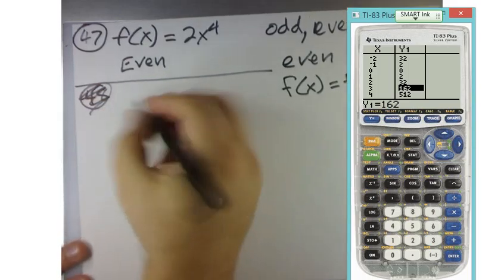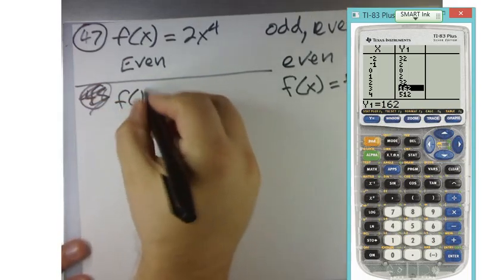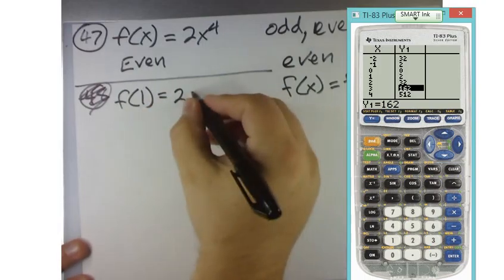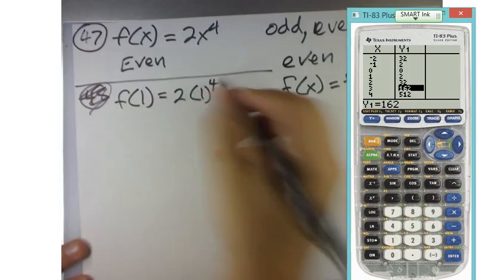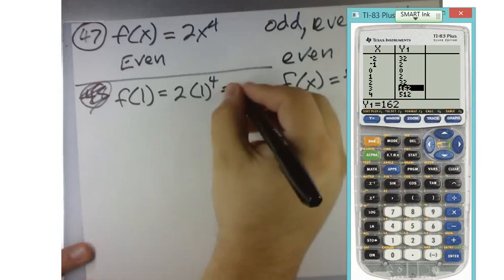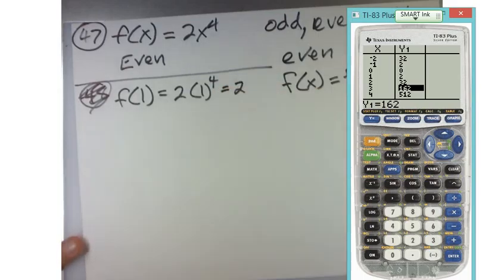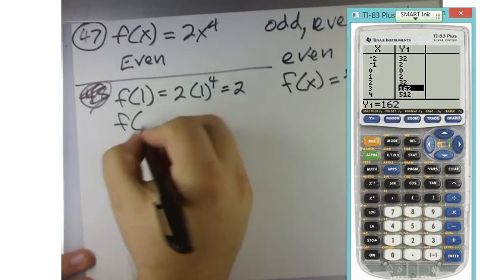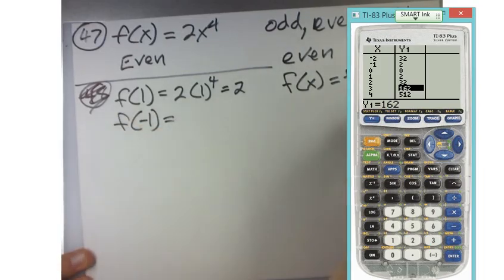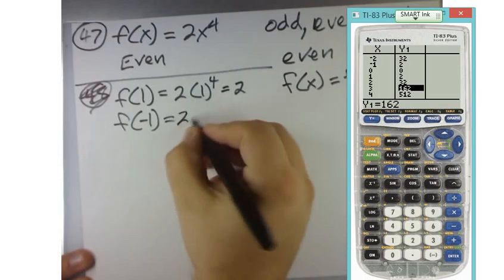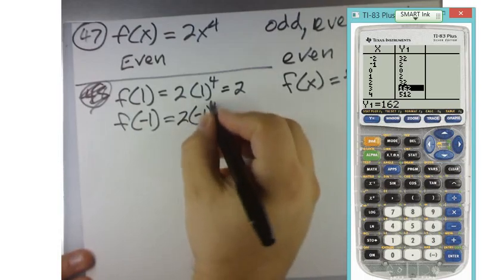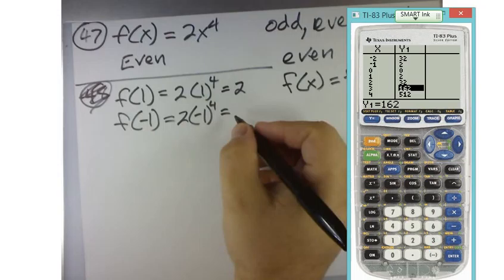Let me, if I say f of 1, I get 2 times 1 raised to the fourth power, which is 2 times 1, which is 2, right? Does that make sense? So now if I say f of -1, I should get the same value. So if I say 2 times -1 raised to the 4, I get 2.